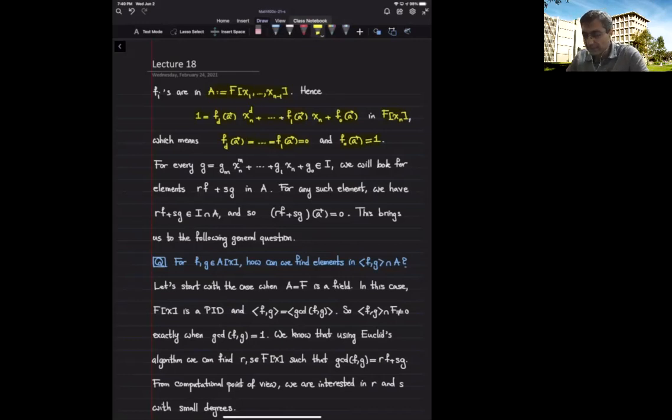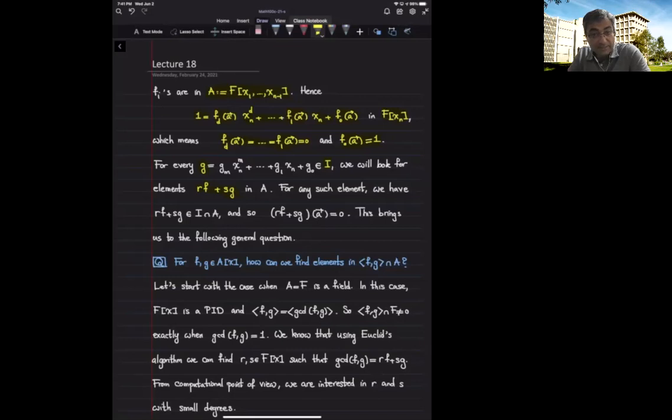That means we want to get more elements inside A and inside I. Now, suppose I give you some element inside I. That means every linear combination, meaning with R and S inside the ring of polynomials, any such polynomial is already inside I as well, because G is assumed to be inside I and F is already inside I.